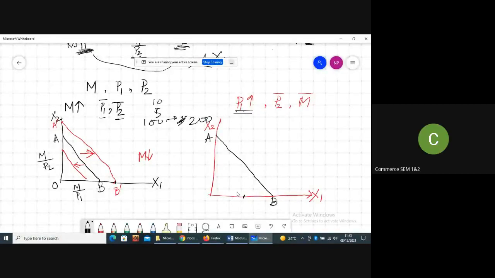Okay, so what we are saying is that this OB distance will be reduced because M by P1 will fall as P1 increases. So the new point B will move to some point here, B prime. What will happen to the distance OA?